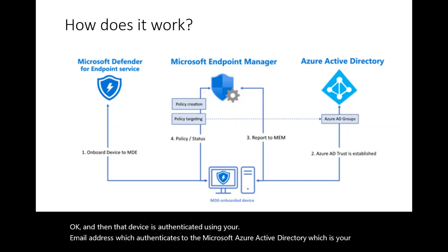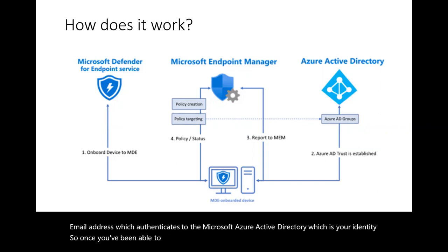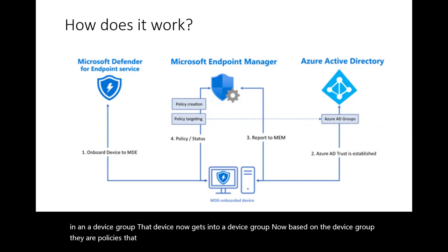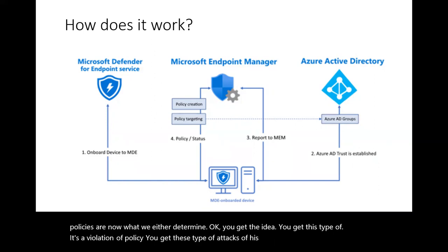Once you've been able to establish a trust with Azure Active Directory, it puts that device in a device group. Based on the device group, there are policies that have been targeted to that device group. Those policies determine, for example, the type of antivirus policy and the type of attack surface policies you get. That's how the MDE service works.